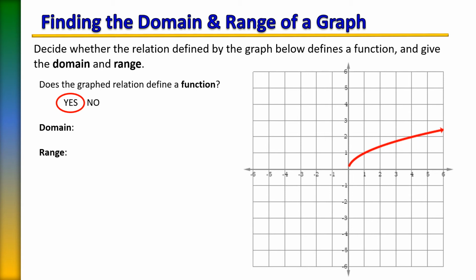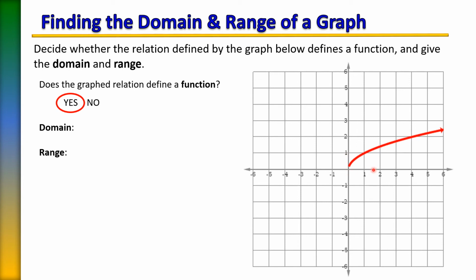Now let's determine what is the domain of this function. I want to know how much it extends to the left and to the right. As we can see, the graph will extend from 0. We're determining here our domain, which is our x-axis.